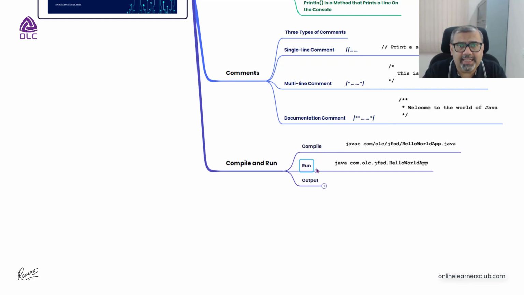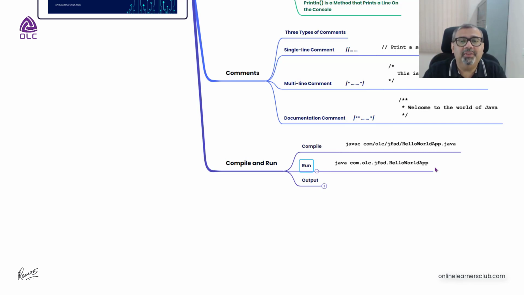.class is a file which represents the bytecode, and in order to run this application, we have the command java, space, the complete name of the class, which includes the package prefix: com.olc.jfsd.HelloWorldApp. So this command executes the Java program. Java is the tool which represents the JVM process, and it loads this particular class and executes the Java program.